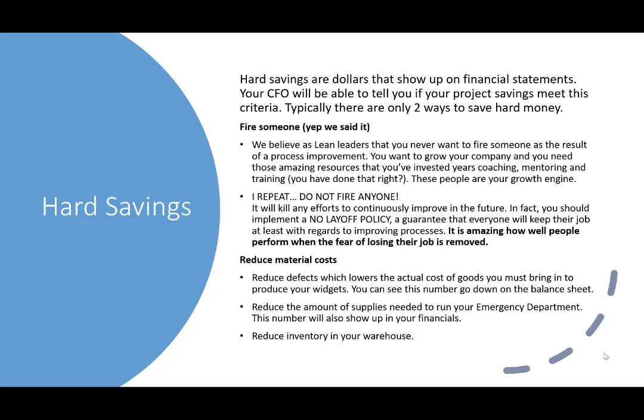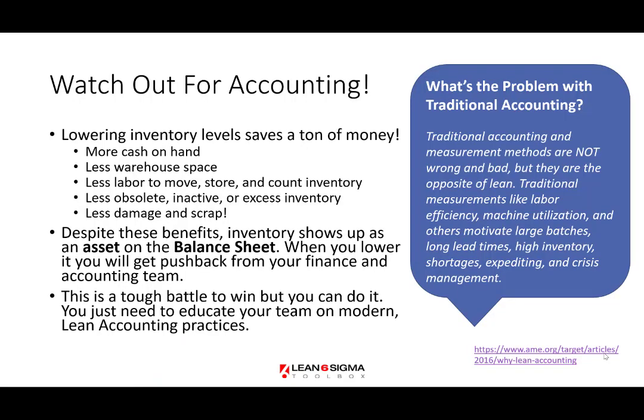So we can reduce the amount of scrap that we have, the amount of materials that we're purchasing, the amount of supplies that we need to do our job, and we can actually reduce the amount of inventory that we have on hand. When we do this, however, we have to watch out for our current accounting methods. At least in the United States and most of the world, the way we do accounting is actually directly opposed to lean manufacturing practices.